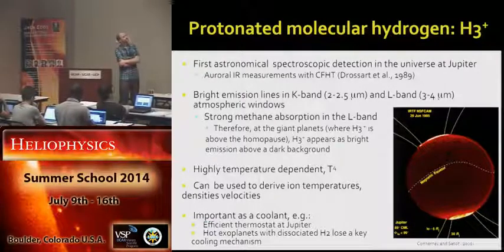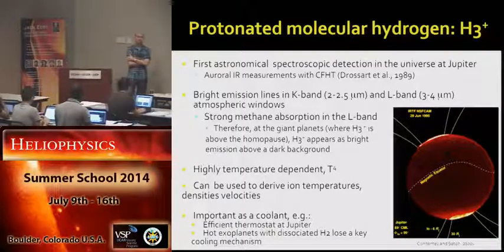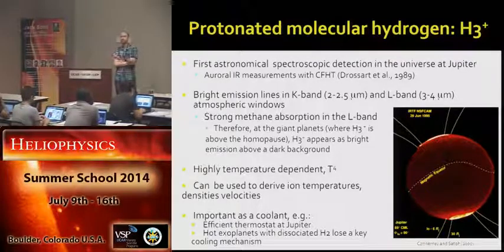So let's go back to protonated molecular hydrogen, H3+. It's a very useful probe of the upper atmospheres of all the giant planets. And in fact, it's expected anywhere you have H2 and some ionization source, you will have H3+. So giant molecular clouds, exoplanets that aren't too close to their parent stars.